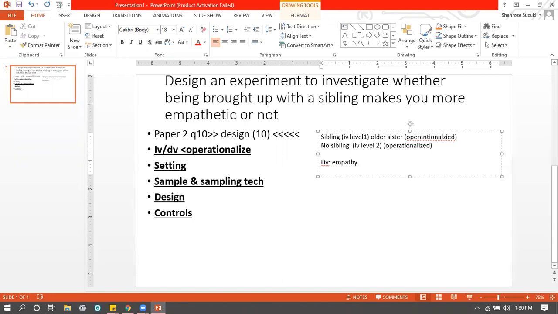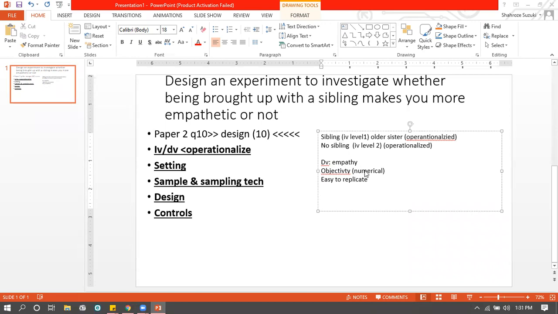So you need to define empathy in a manner that's objective. You need to bring some objectivity into defining empathy, as in you're going to say something numerical. You're also going to define it in a manner that is easy to replicate. For example, you can say empathy is soft-heartedness.